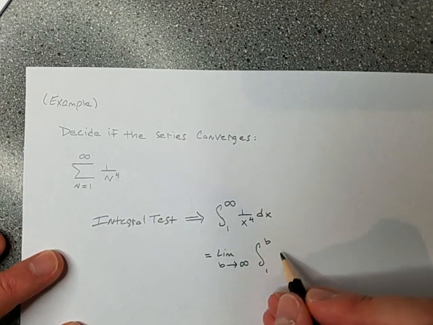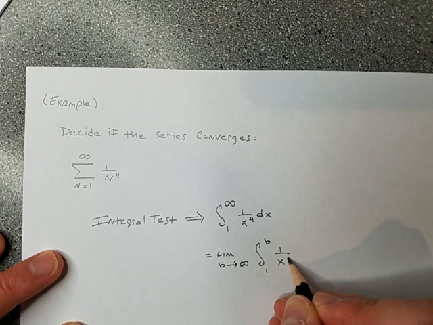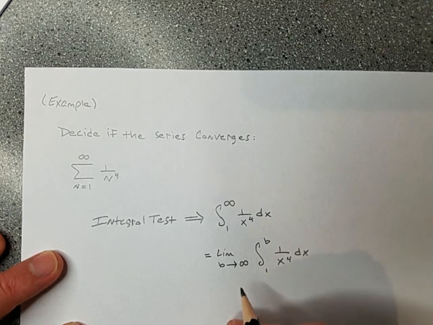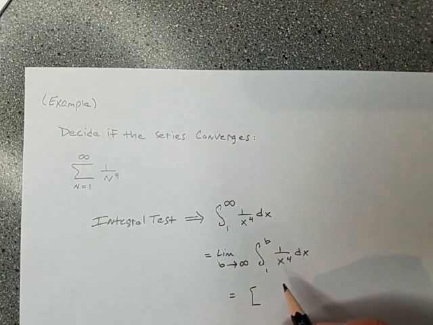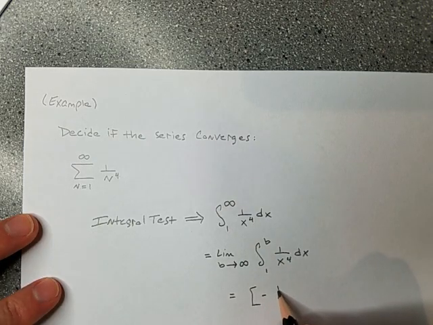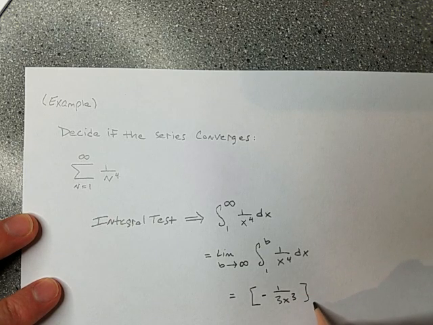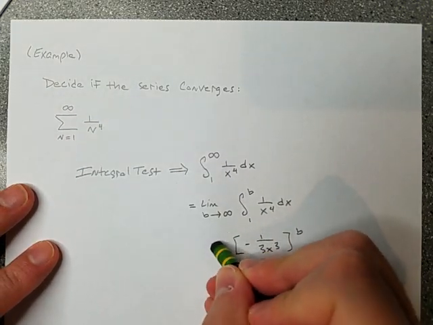So that's the proper setup for that kind of integral. Now the antiderivative of this is going to be negative 1 over 3x to the 3rd power. And that's going to be from 1 to b, and I need to let b go to infinity.